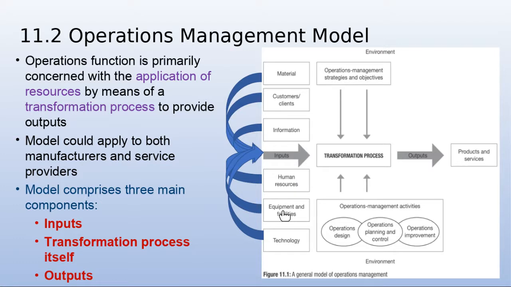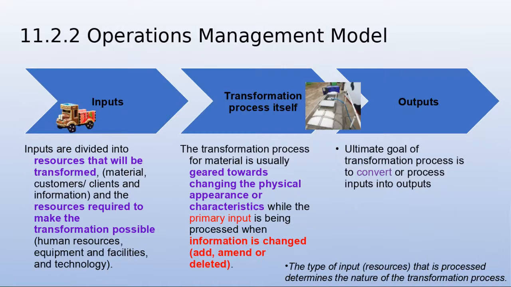So like we've already said, it comprises of three elements, which is inputs, transformation process, and the outputs. If we look at inputs first, inputs are all the resources that will be transformed into something else. It also includes the resources that are required, so the labor, the equipment, the technology, that will assist us in transforming this resource into something else.